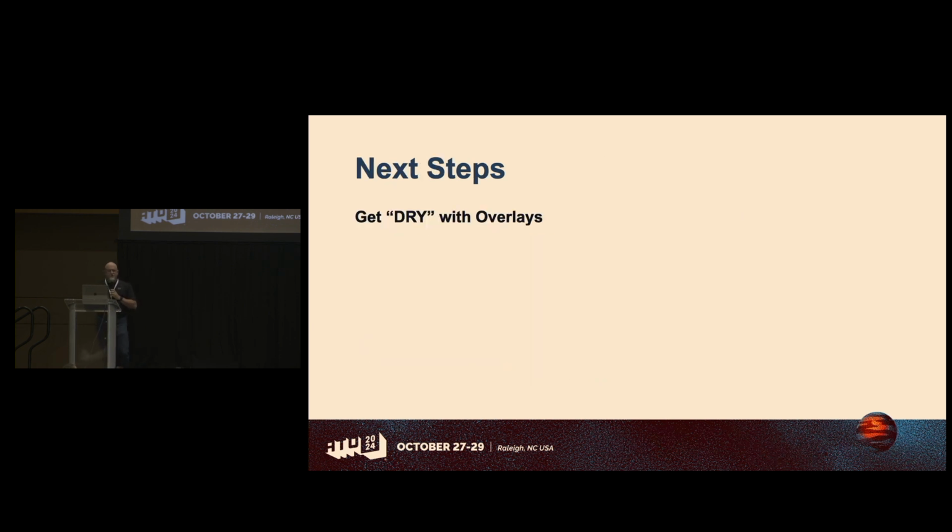So, next steps. I'm at the point in my journey right now with Flux and Kubernetes where I'm looking forward to getting a little bit more into the don't repeat yourself arena. With overlays, you could set up something kind of like snippets, bits of configuration that are included in multiple places, so you don't have to copy things between dev and production and whatever environments.